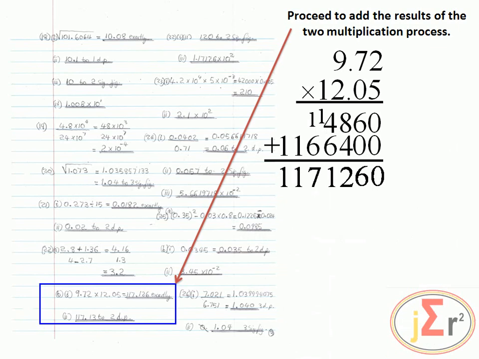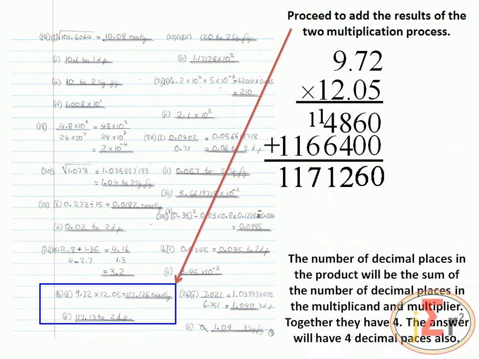That is our answer. What do we need to remember? The number of decimal places in the product will be the sum of the number of decimal places in the multiplicand and multiplier together. 1, 2, 3, 4.